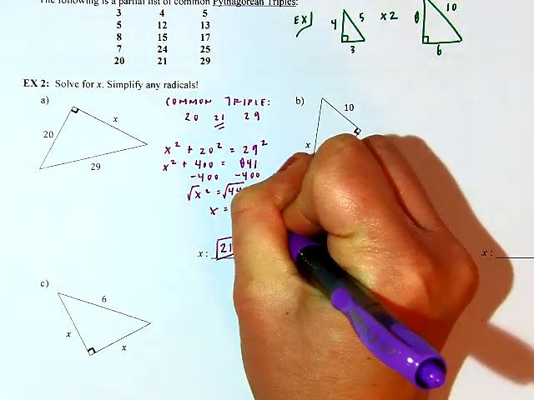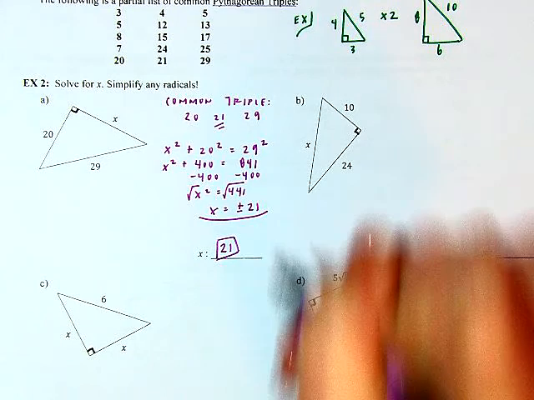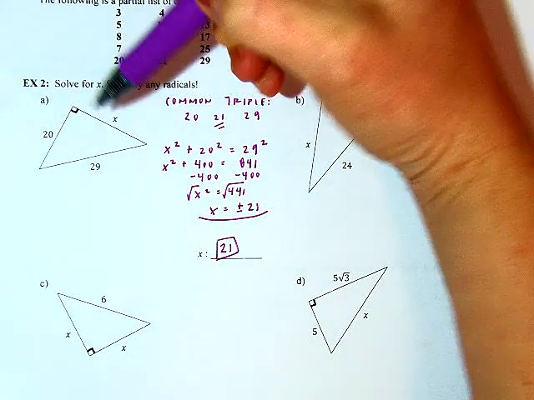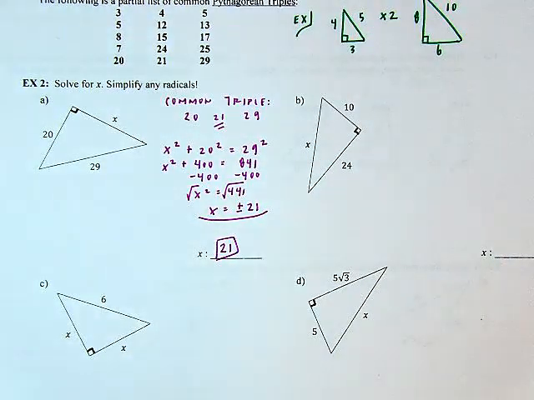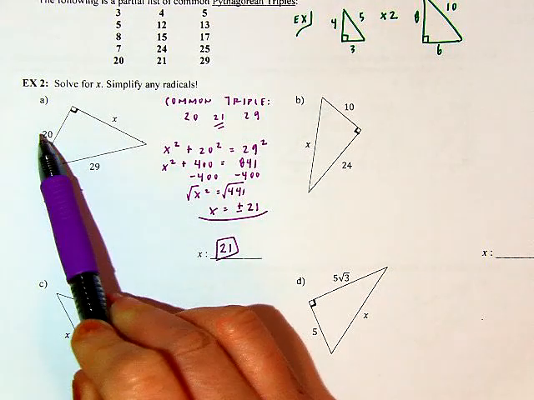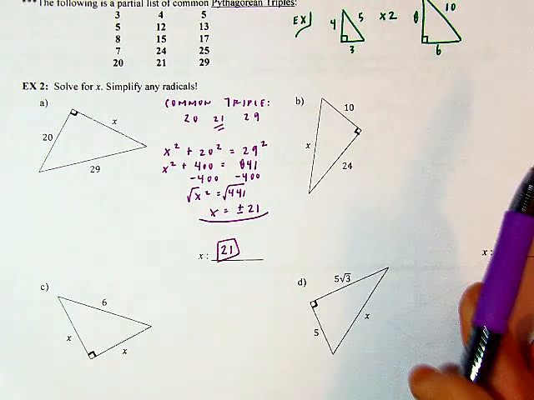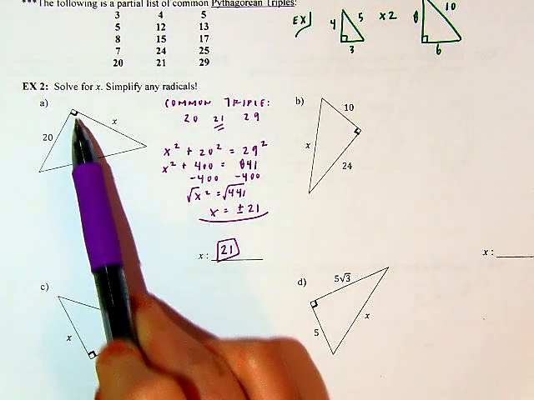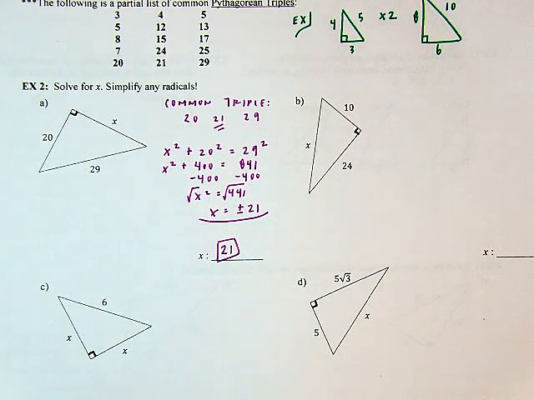I would get plus or minus 21. And now that I'm seeing that x represents a side, it has to be only the positive, so it has to be 21, right? So again, if you can recognize a common triple, excellent, there's a shortcut built in. And if you don't, you can still go back to Pythagorean theorem, right? Either leg could be A and B. The hypotenuse, that longest side that's opposite the right angle, that has to be the C.